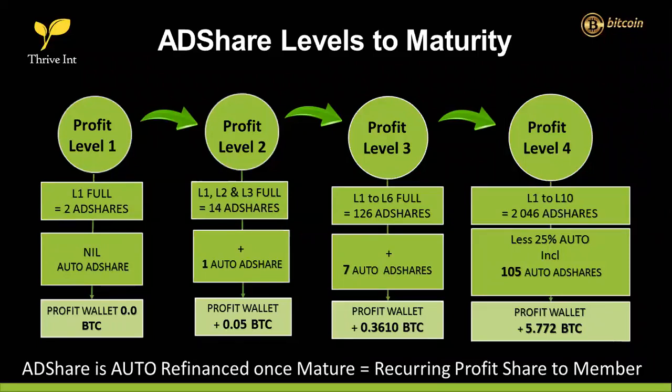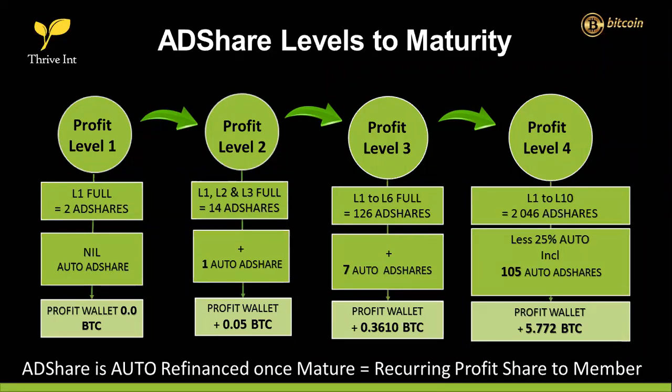They form part of your structure, and the profit wallet is receiving 5.772 Bitcoin. So in total, completing your cycle, adding all these profit levels together would give you a 6.2 Bitcoin profit and 113 additional Adshares in your name, going through the exact same process of completing a cycle.